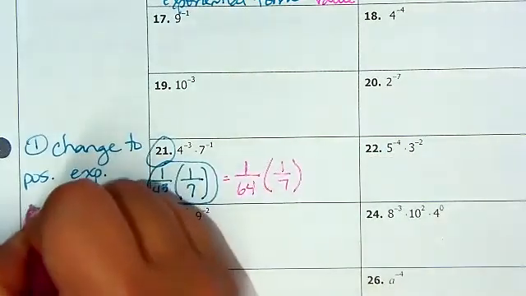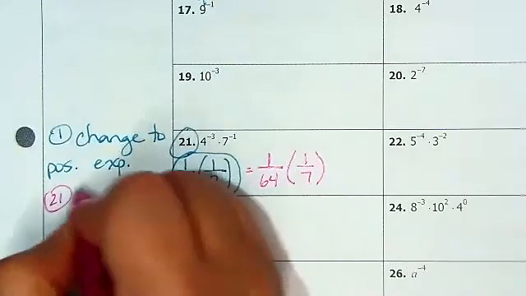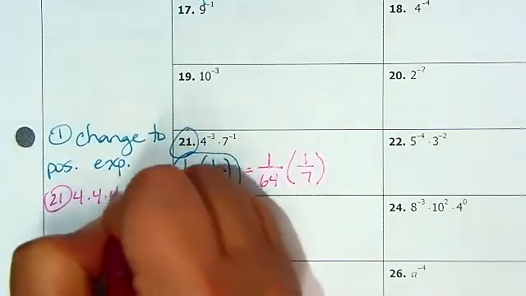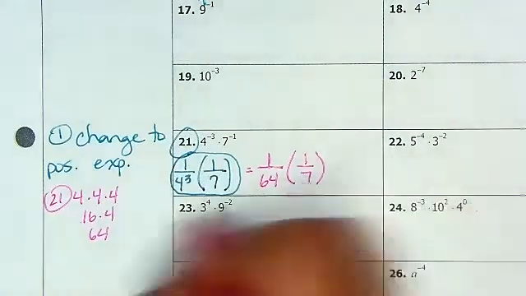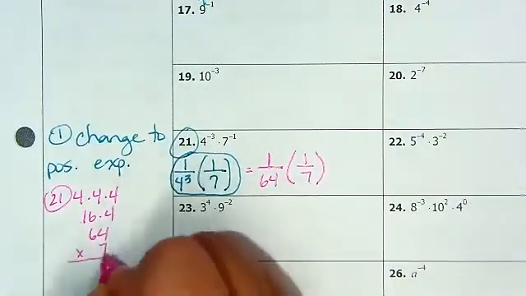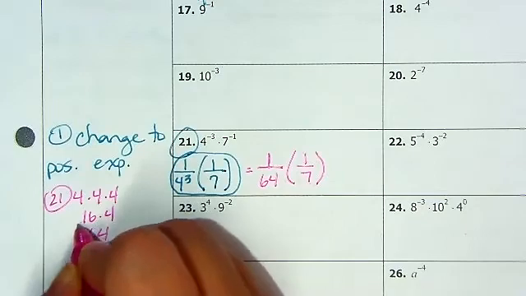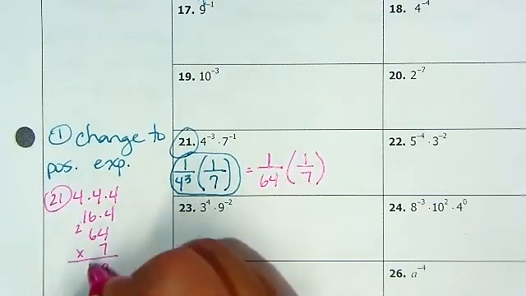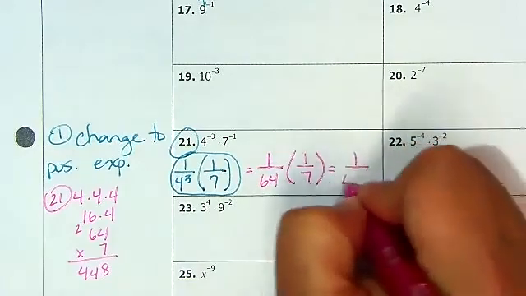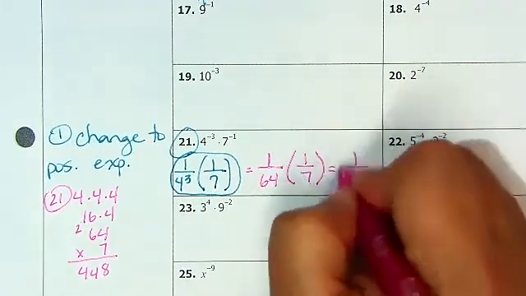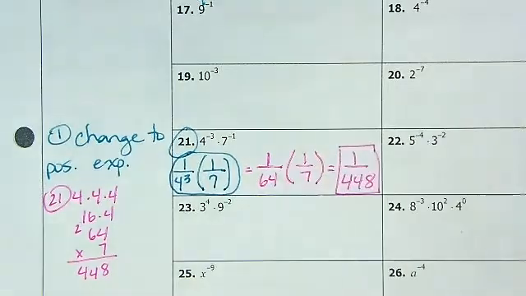So 4 times 4 times 4, that's 16 times 4, which gives me 64. And now I need to do times 7. 7 times 4 is 28, carry my 2. 7 times 6 is 42, plus 2 is 44, so 448. So we end up with an answer of 1 over 448, and that's my value.